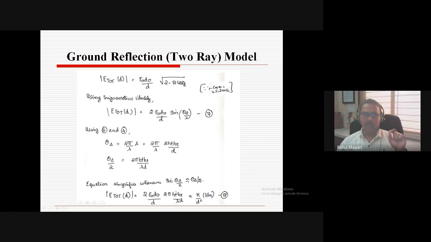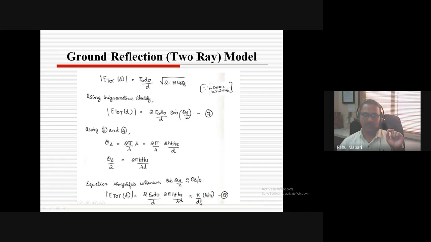That's why all the remaining components, 4, E0, D0, pi, HT, HR, lambda, are constant, and we represent all these constants as K. Now the magnitude of the total electric field is equal to K upon D square.